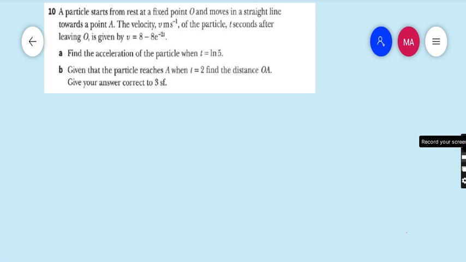So s is equals to 8, apply the limit, 2 minus 0, plus 4, since 8 upon 2 is 4, e^(-2t), limit from 0 to 2. 2 minus 0 is 2, hence s is equals to 16 plus 4, apply the limit, e^(-2 into 2) minus e^(-2 into 0). So s is equals to 16 plus 4e^(-4) minus 4e^0.